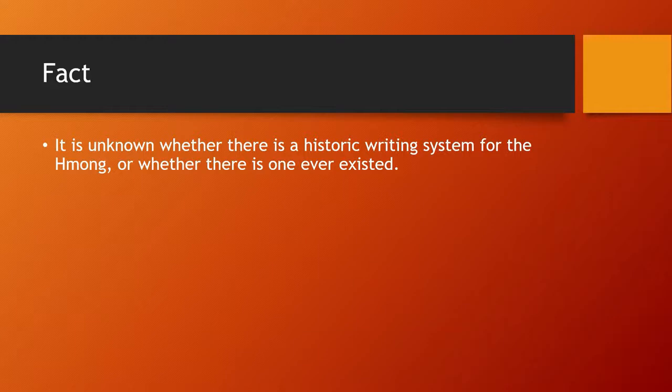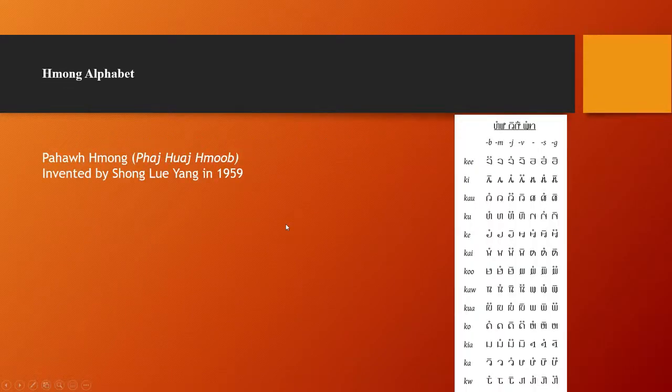So, a lot of our history was told orally or written in scripts. The only Hmong alphabet that we know today to ever exist is the Pahua Hmong. The Pahua Hmong was invented by Shong Lue Yang in 1959. So it's a pretty new alphabet.